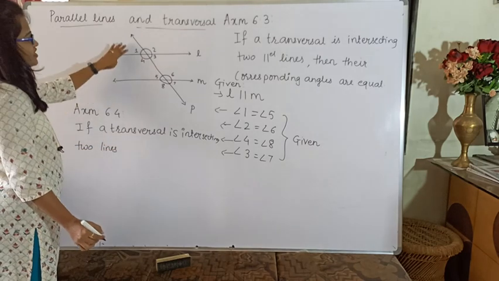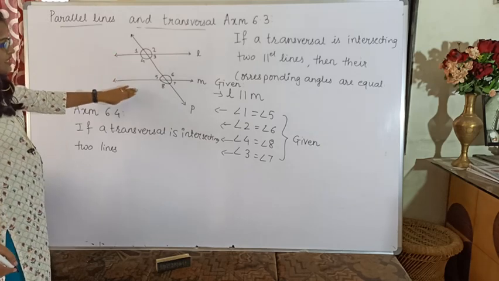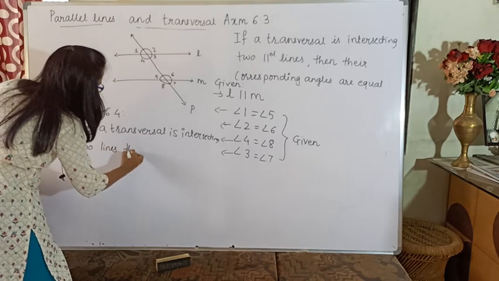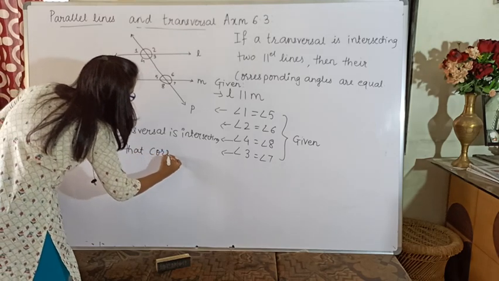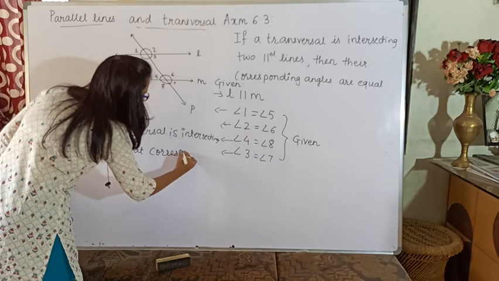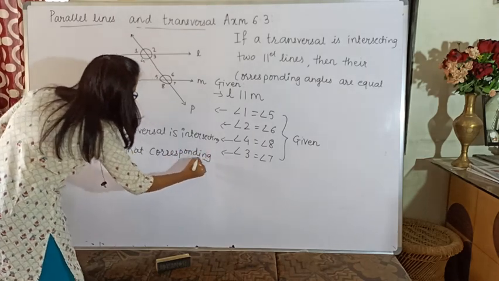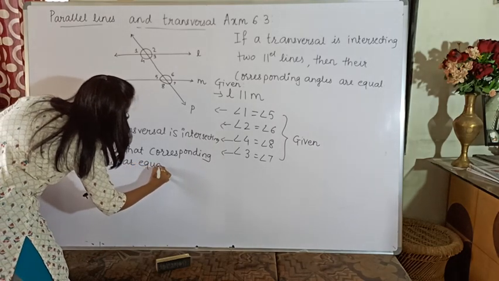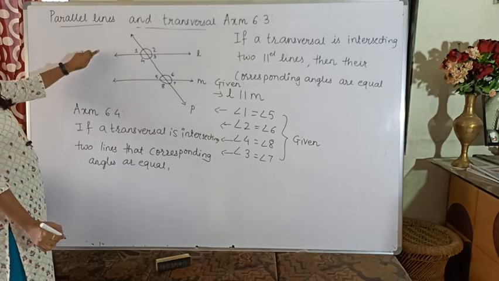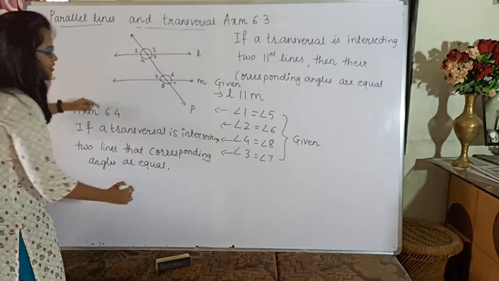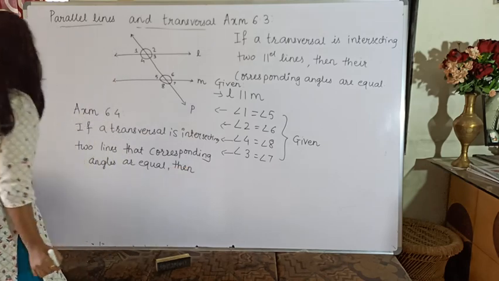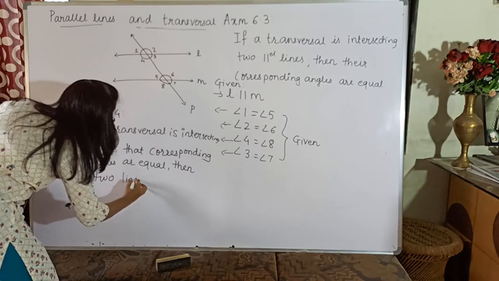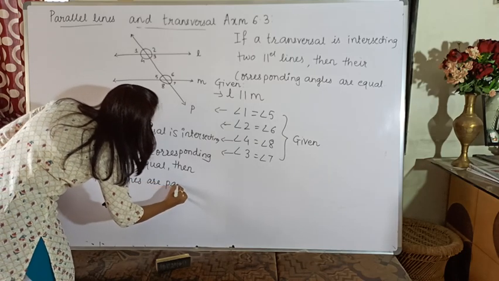I am just considering a transversal P intersecting two lines L and M. If it is intersecting the two lines in such a way that their corresponding angles are equal, then I can say that line L is parallel to line M. Then the two lines are parallel. Very easy axiom.